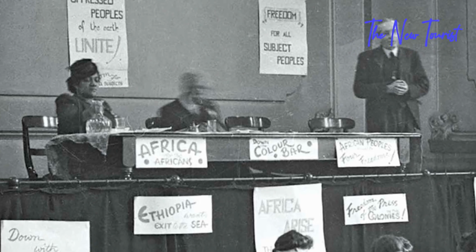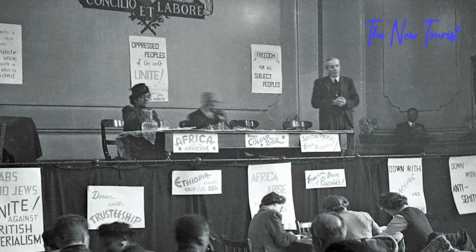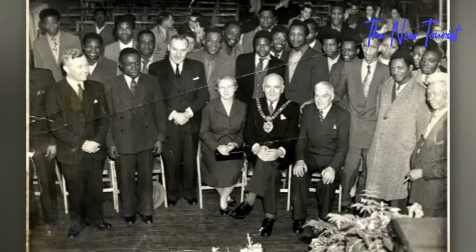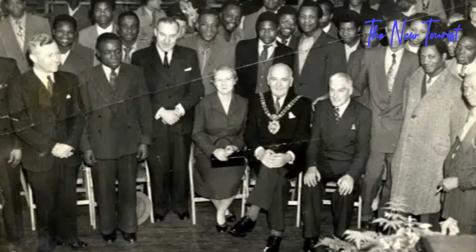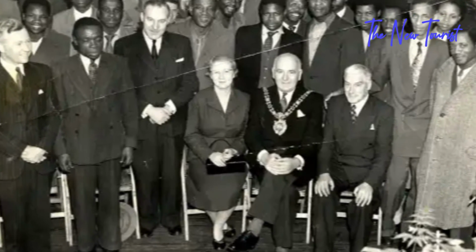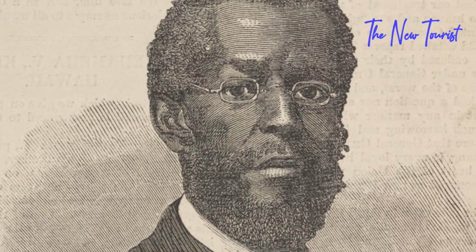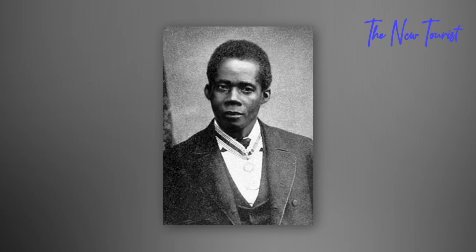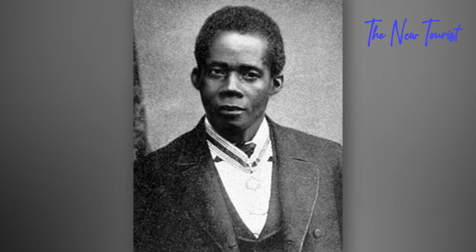Pan-Africanist ideas first began to circulate in the mid-19th century in the United States, led by Africans from the Western Hemisphere. The most important early Pan-Africanists were Martin Delany and Alexander Crummell, both African Americans, and Edward Blyden, a West Indian.